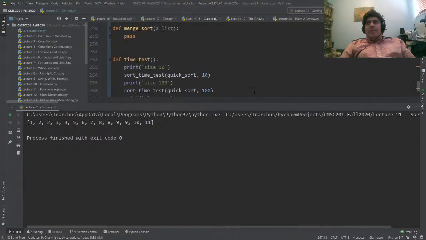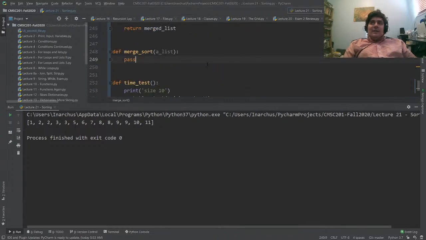Merge sort is pretty cool. What it does is it says, if the length of a list is... they definitely need to be sorted, otherwise it'll produce garbage.